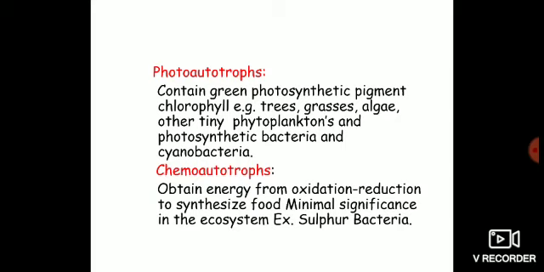That means those organisms which manufacture their organic food compounds by deriving energy from the oxidation reduction reactions of different inorganic substances are known as chemoautotrophs. Example is sulfur bacteria. Since these organisms are not very abundant in any ecosystem, because the majority of the autotrophic component is represented by photoautotrophs, the chemoautotrophs have the least significance in any ecosystem.